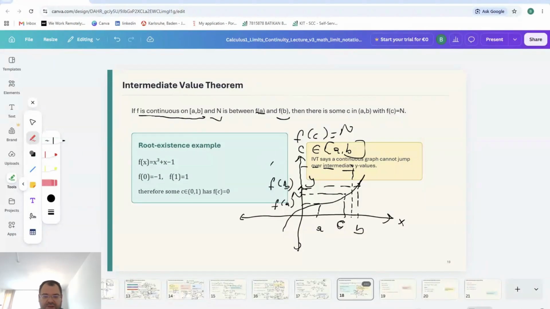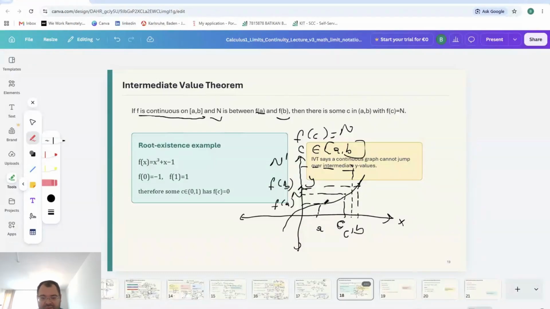you have, for example, n1 and c1. If c1 is between a and b, then this n1 must also be between f(a) and f(b). Because if c1 is here and n1 is here, and we say that the function is continuous and this is true, then there is a jump here.